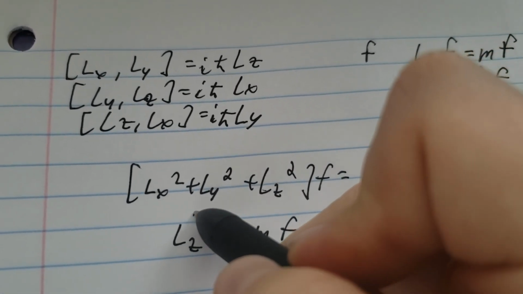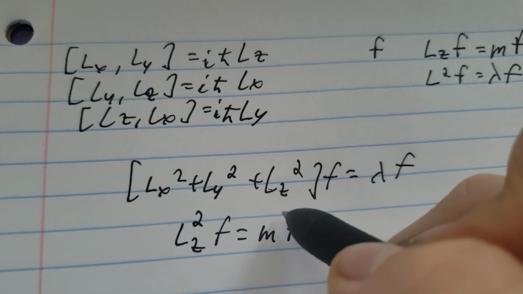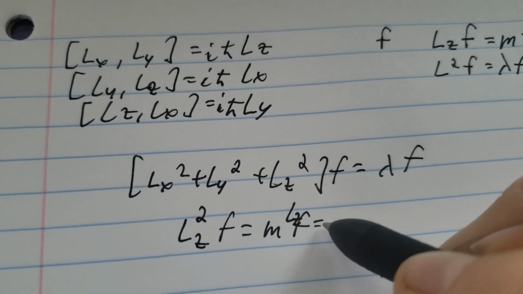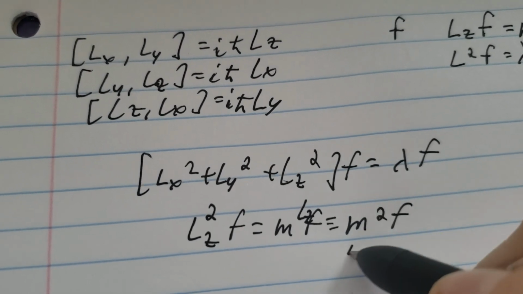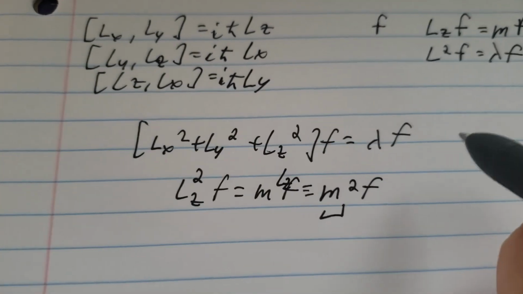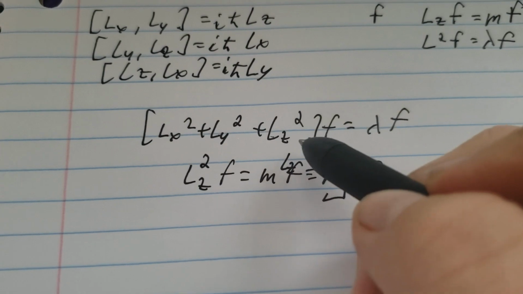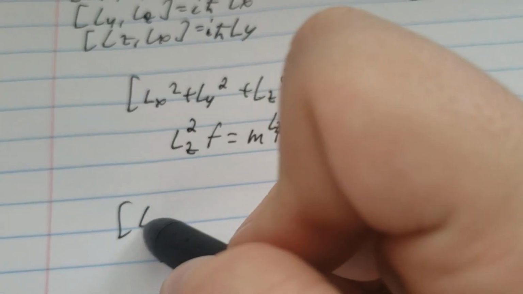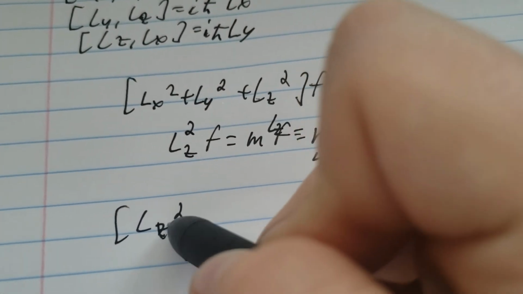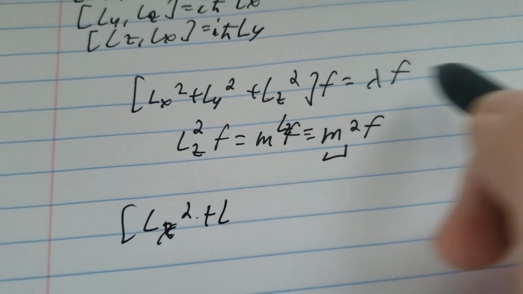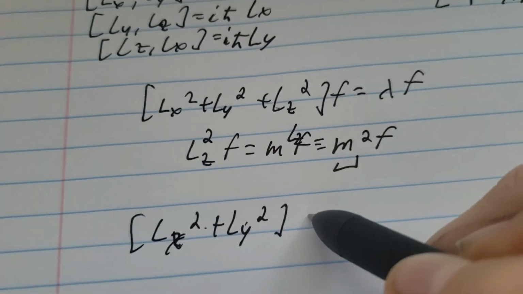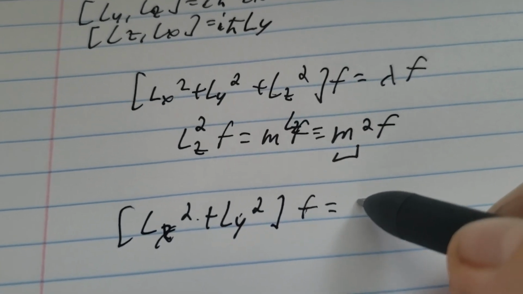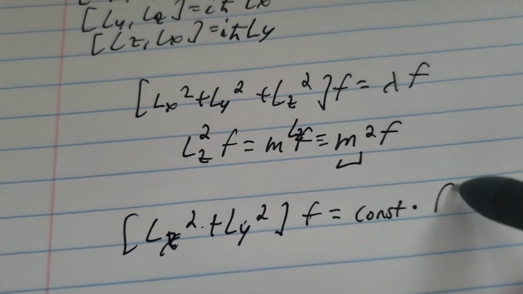When you square Lz, when you act on it again, that's just a constant, so it'll act on that directly, and it'll just be m squared f, some constant times f. So we have Lx squared plus Ly squared, after we subtract that off, f equals some constant times f.